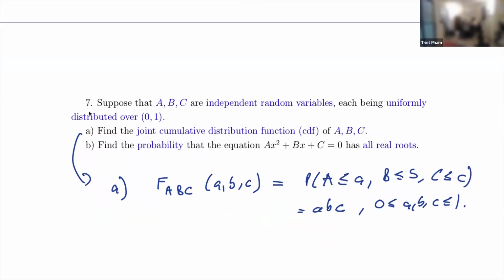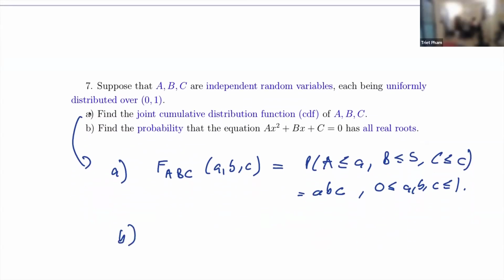So it's really part B that is the main point. So how do we do part B?